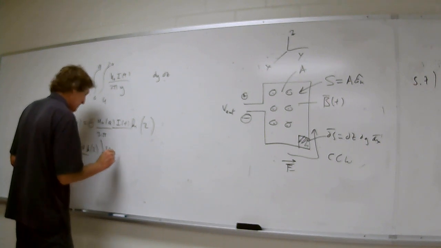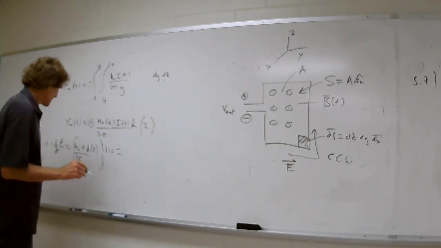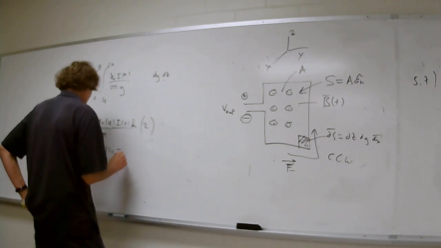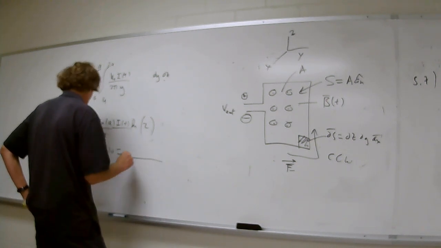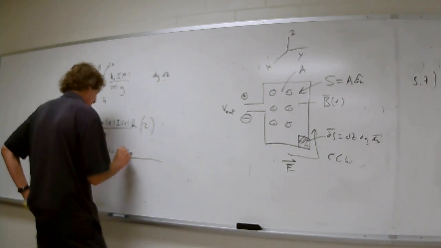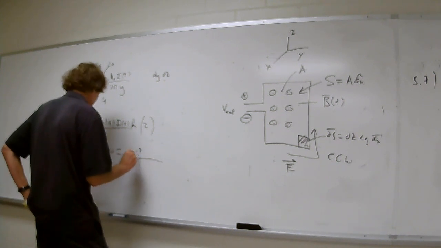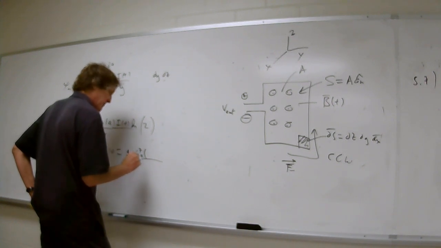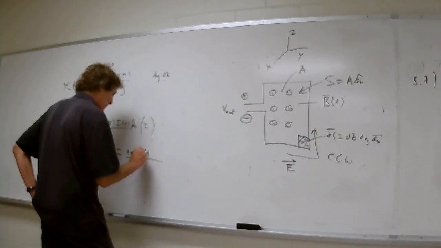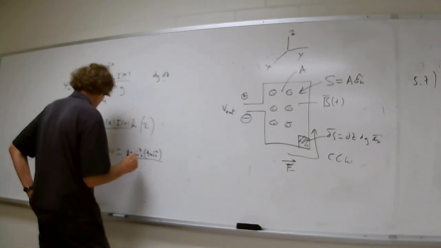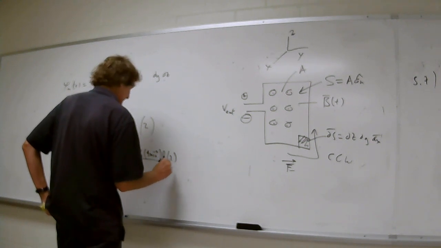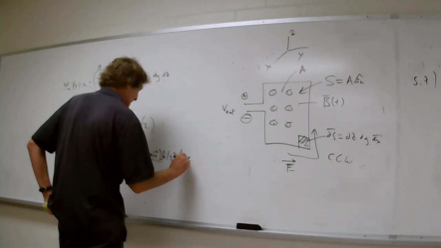And that's going to be the voltage EMF. What is a again for this one? It's 4 centimeters, so 4 times 10 to the minus 2 meters. For this, mu 0 would be 4 pi times 10 to the minus 7, divided by 2 pi. And then I got natural log of 2, and then I have times 110.